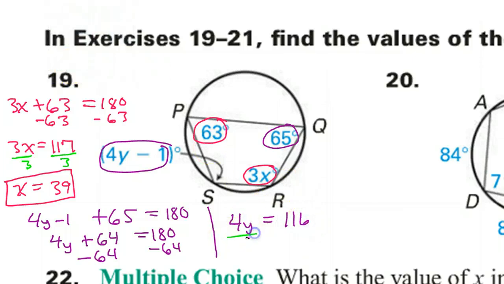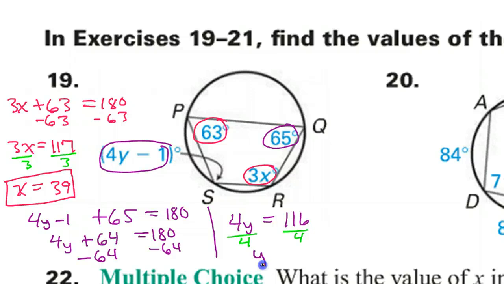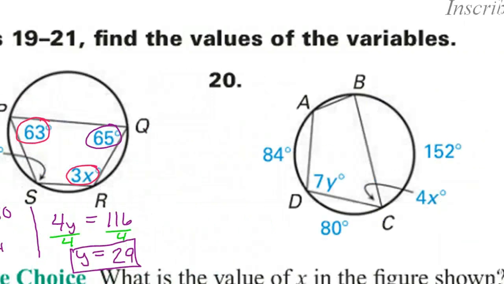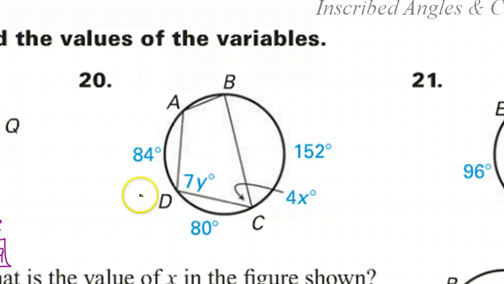And then it's time to divide both sides by 4. And that's going to give me y equals 29. Alright, so those are the two answers to number 19. Alright, let's do something similar with problem number 20.